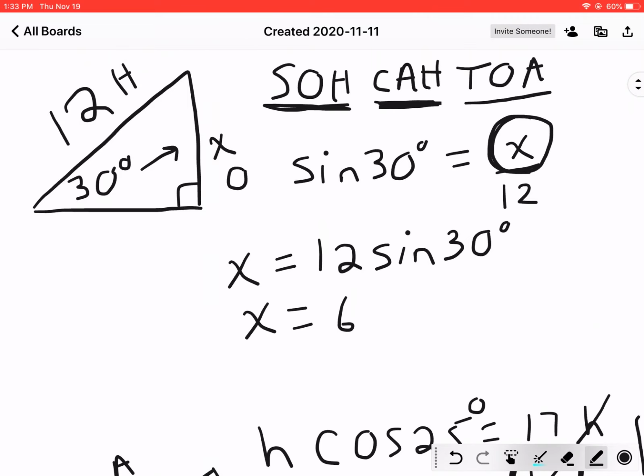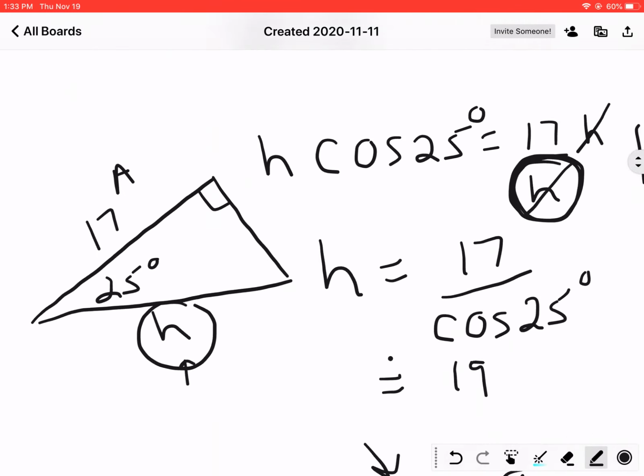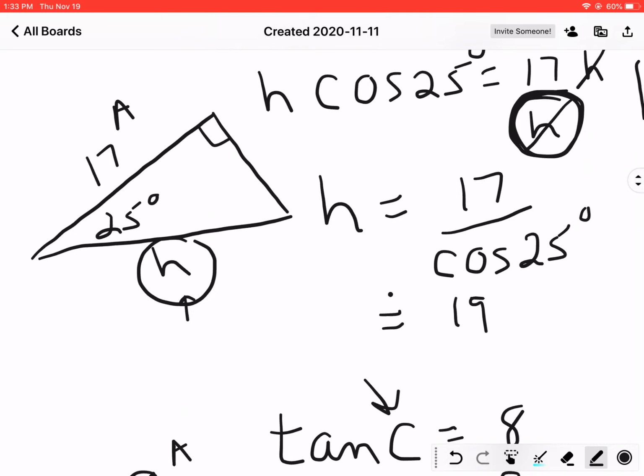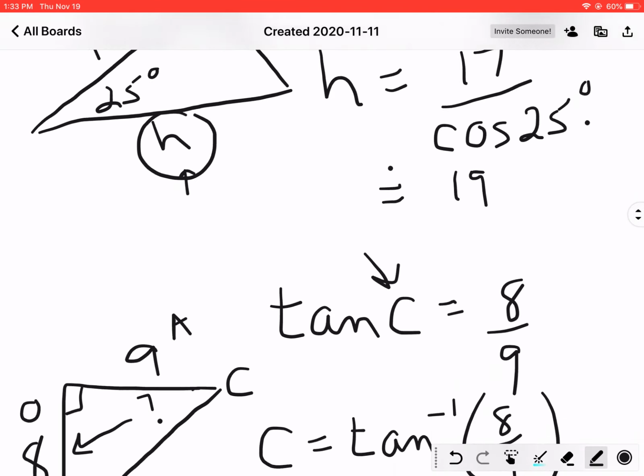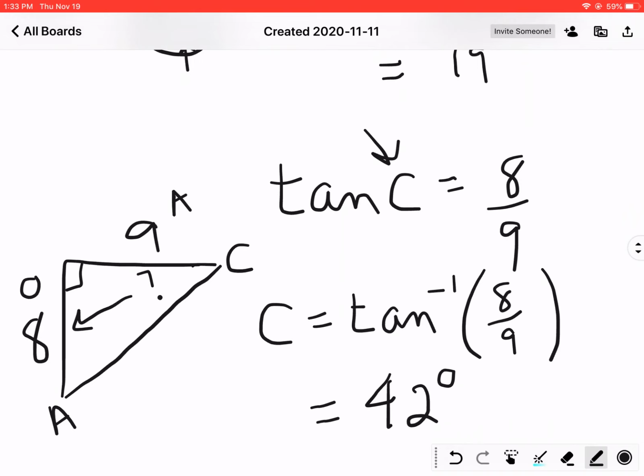That's why I chose to do these three examples. Here we just simply multiplied them. The second one we had to do a little bit more manipulation to get the h up here and the cosine down here. And here we had to work backwards and use the inverse tan to find the angle. And we're done.